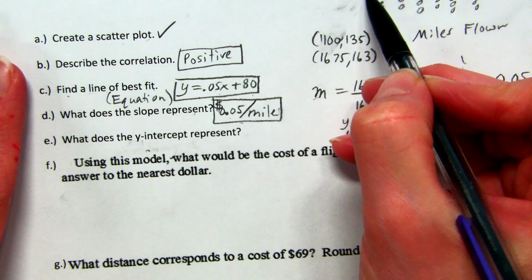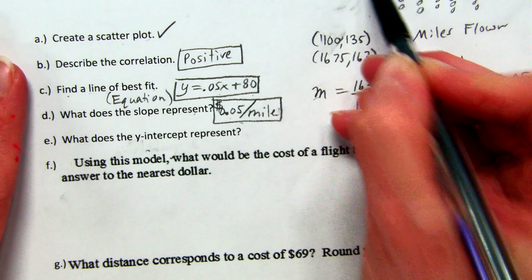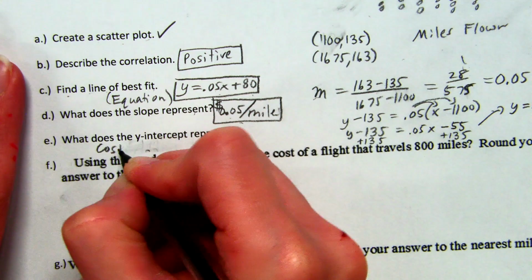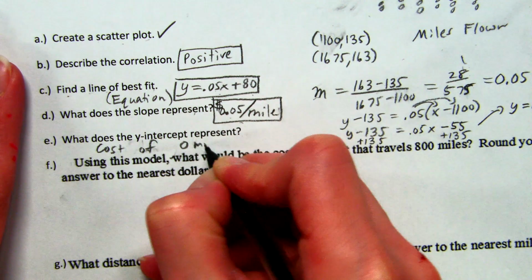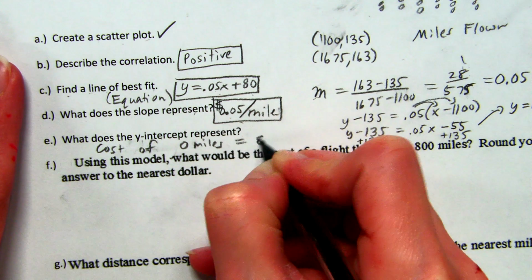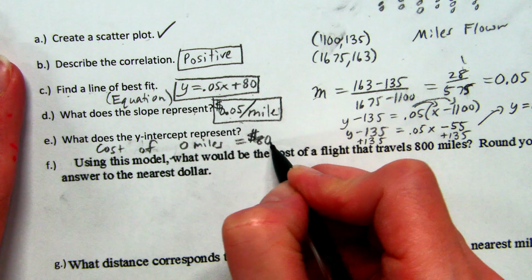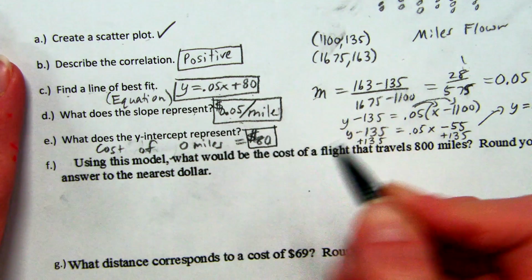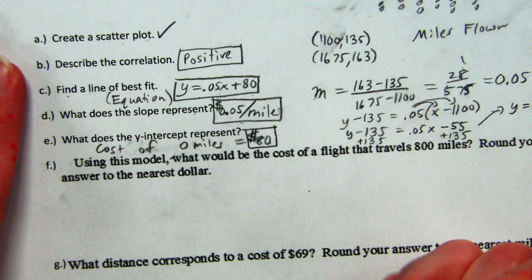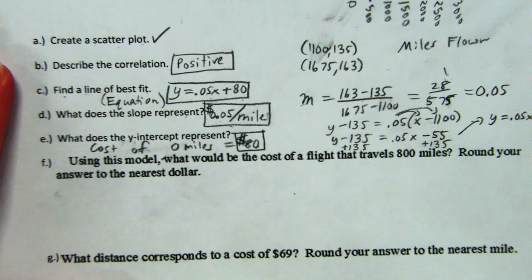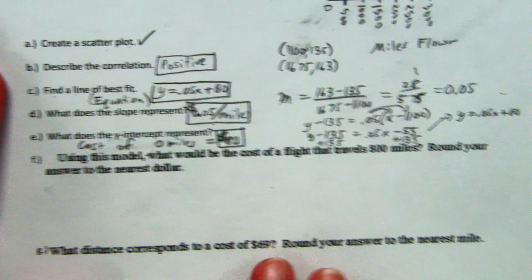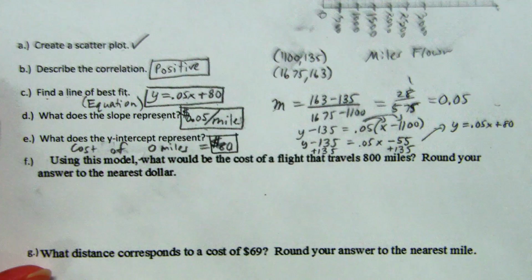So 0 miles, we're at $80. So that would be the cost of 0 miles, which happens to be $80. So that could be some sort of starting cost. They're adding $80 to every single flight, regardless of how far it is. So that's sort of a starting value that they're just using, some sort of extra fee or something.